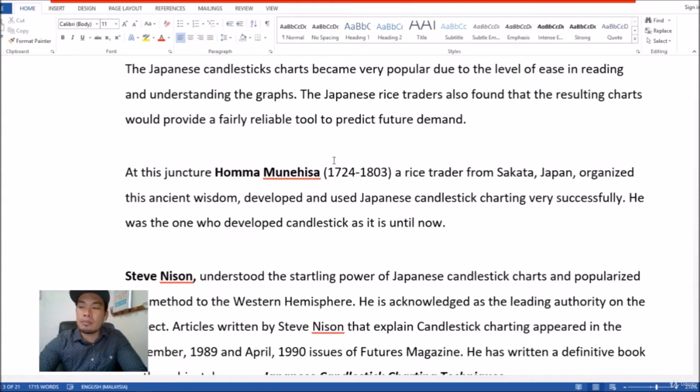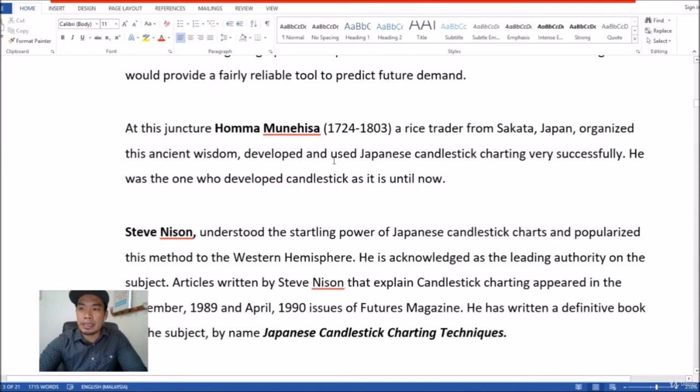it reflects a little bit of price movement, right? Price movement that you can see, and I believe that people could see trends in the commodity back then because of the candlestick chart. And a person named Homma Munehisa, a rice trader from Sakata, Japan, is the one who organized the Japanese wisdom, developed and used candlestick charting.